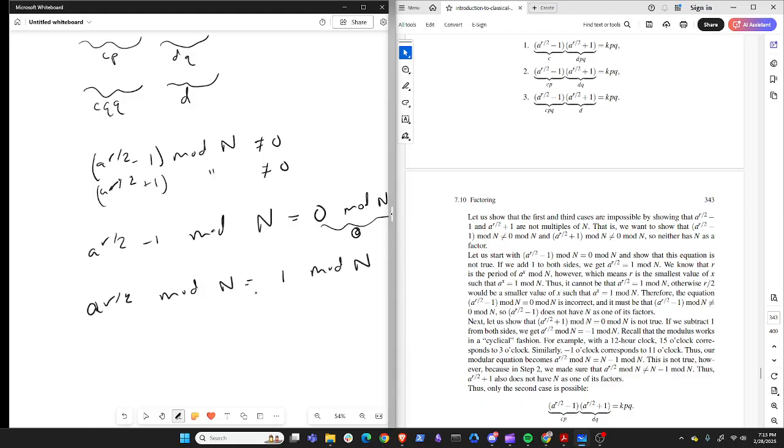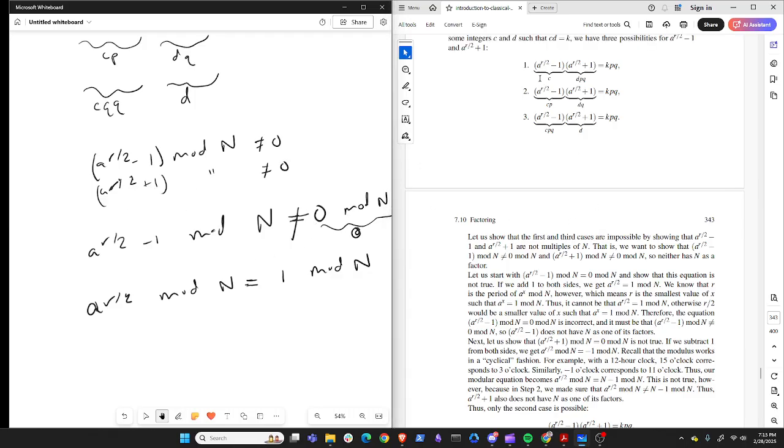So we know that r is the period of a^x modulus n, which means that r is the smallest value of x such that a^x would equal 1 modulus n. Therefore, it cannot be that a^(r/2) equals 1 modulus n. Otherwise, r divided by 2 would be a much smaller value of x such that a^x equals 1 modulus n. So therefore this is incorrect. And similarly with the other one. So cases 1 and 3 are impossible.